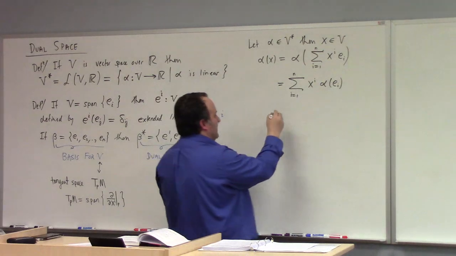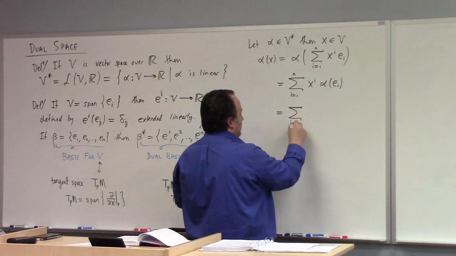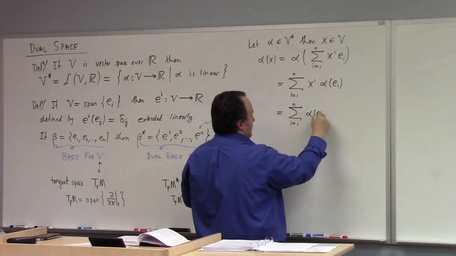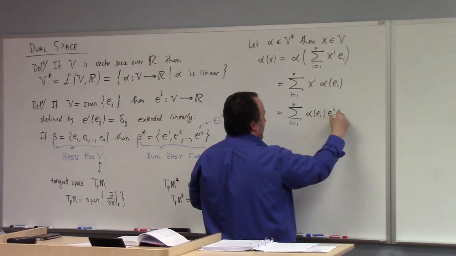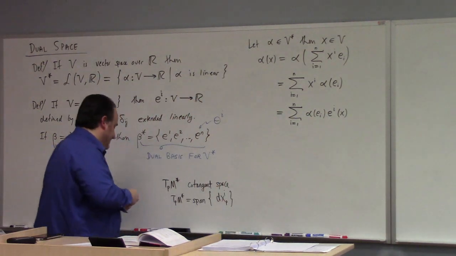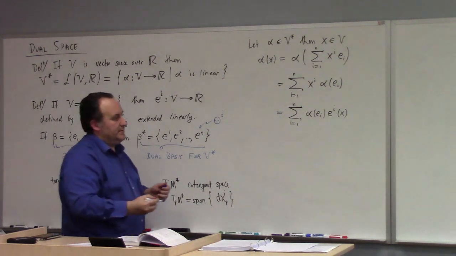Now, this can be written as the sum, i equals 1 to n, of alpha of e_i times e upper i acting on x. I should have done a lemma before I did this. My bad, guys. I'm going to explain this step further in the lemma soon to be announced, okay?